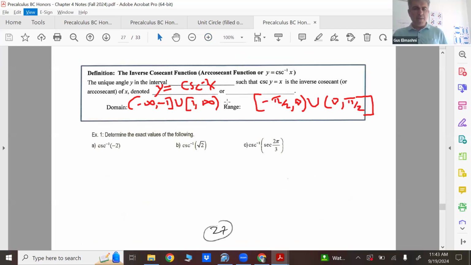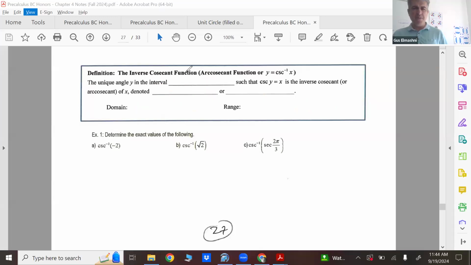I don't know what's meant by that first one. Unique angle y in the interval... Oh, it's an interval from negative pi/2 to pi/2, I think.